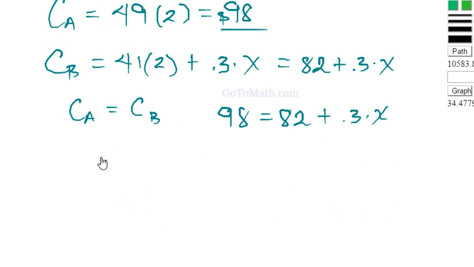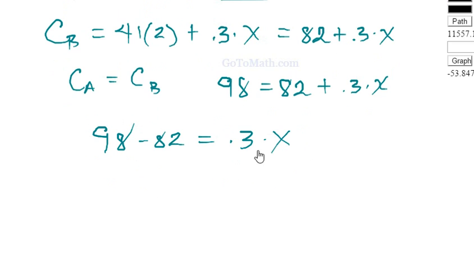I'm going to write it over here. We have 98 minus 82 is equal to 0.3x. So 98 minus 82 is 16. Then we take that 0.3, so we have 16 over 0.3 is equal to x.